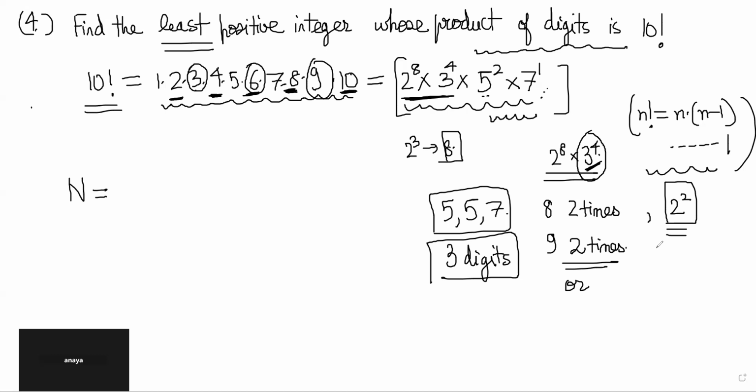So there are some possibilities here for us. So far what I know is 5 is present, 5 is present, 7 is present, right? Yeah. So the total number of 8s can be maximum 2, right?